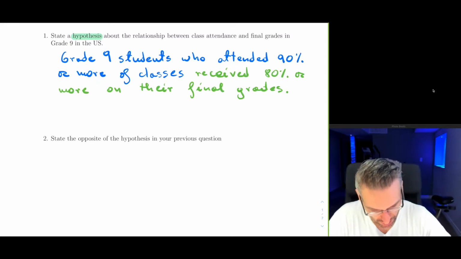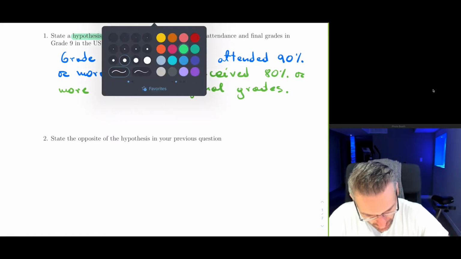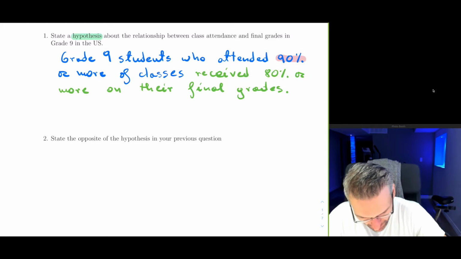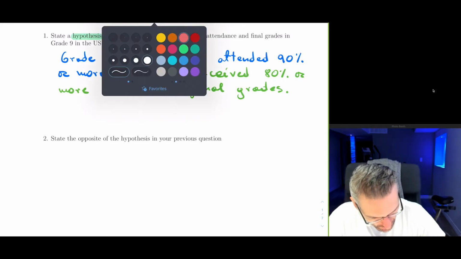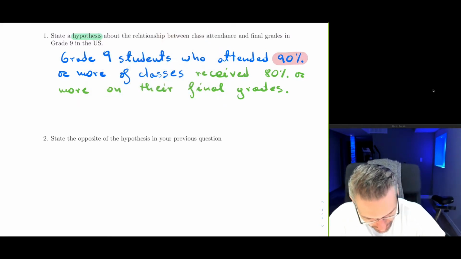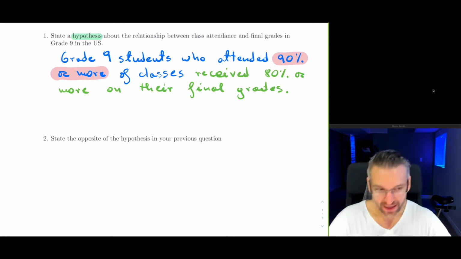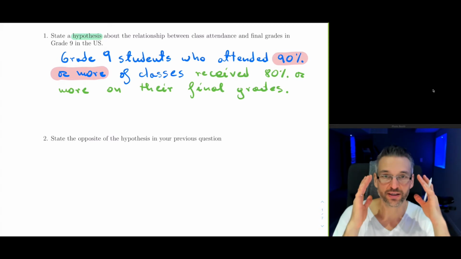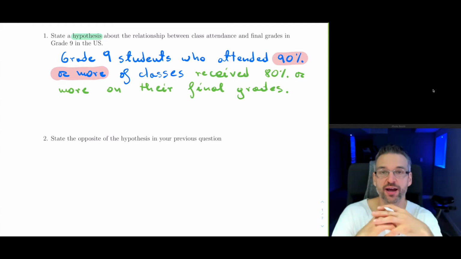So grade 9 students who attended, so the key thing here is 90%, let me make this a little bigger, 90% or more. That is verifiable, right? By attendance sheets in grade 9, you can check how many students have attended 90% or more of classes. That's either true or false.